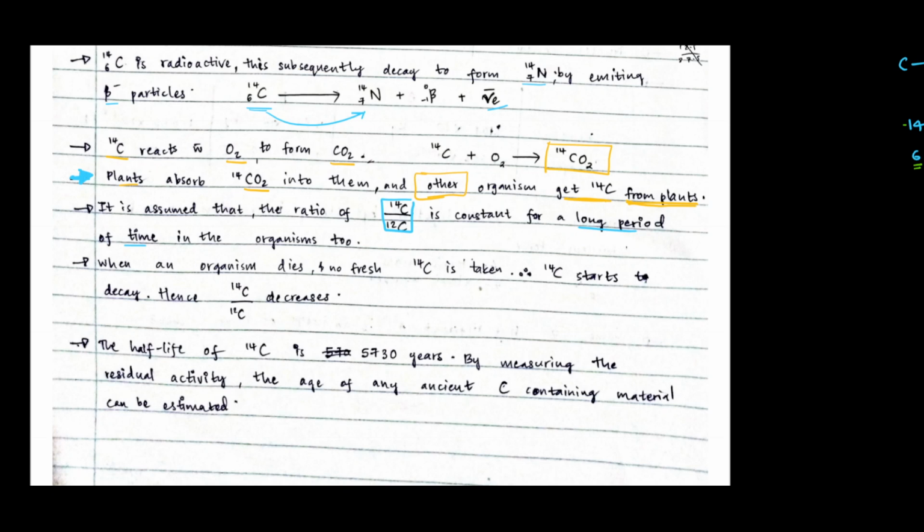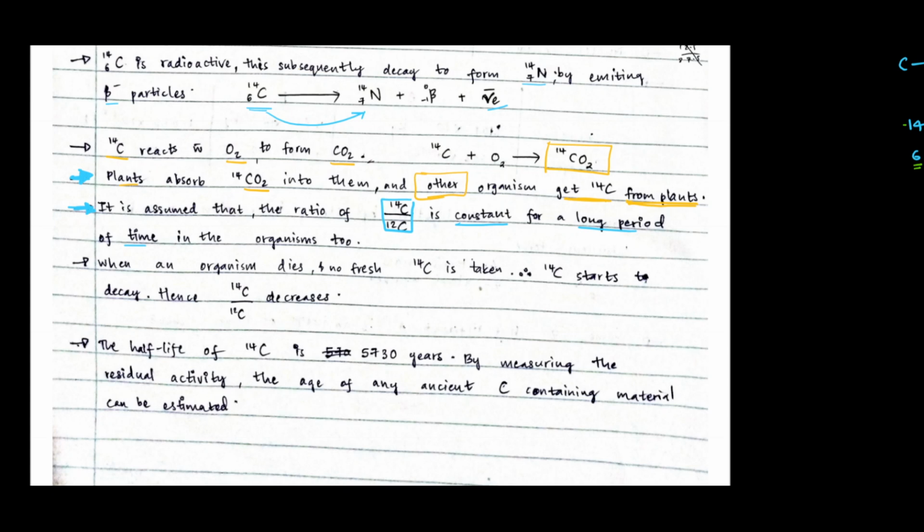Therefore, we can assume there is no significant change in this ratio for a very long period of time. Thus, we assume it to be a constant. So, the second important assumption is this.